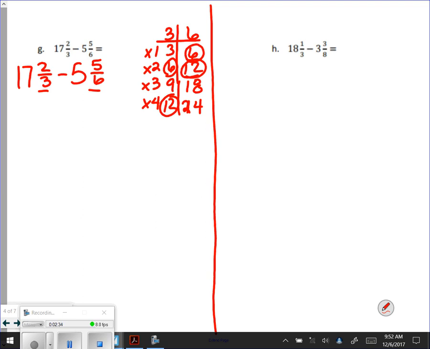So they have quite a few things in common, but it would be a good idea to find the least common denominator. So I could do 6 because it's easier.